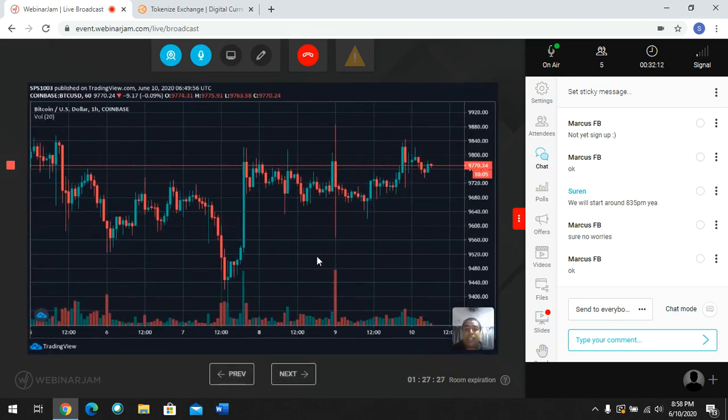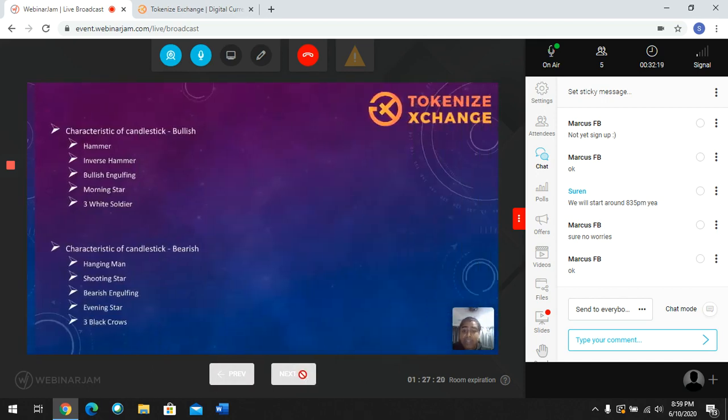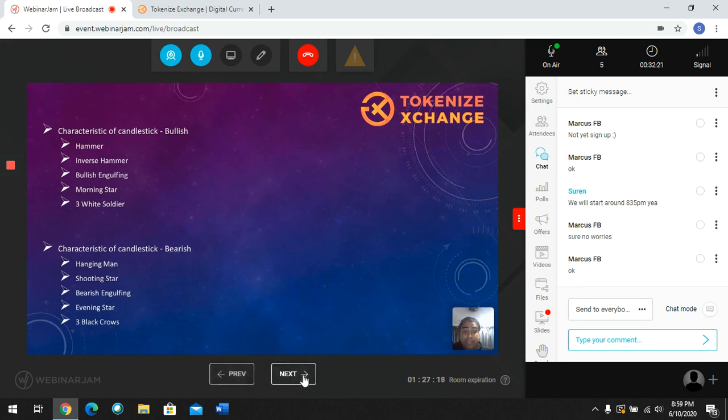Every single thing has a meaning, and there is a reason for it to be known as a hammer, inverse hammer, or bullish engulfing. But we will not be touching on this today. I'm just putting an example here so that you have a better understanding of what we are going to talk about next week.